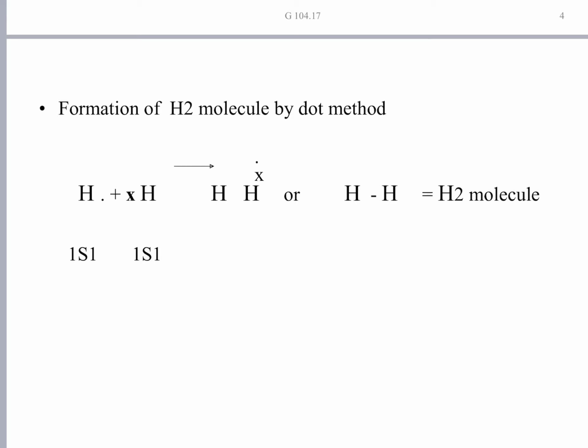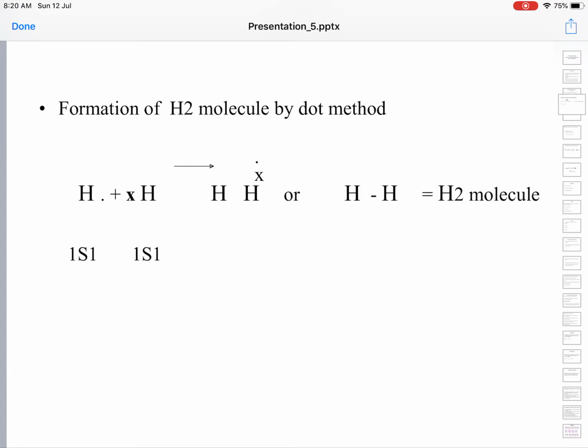It's wrongly printed here, I am sorry about it. It can also be shown as H-H, a hydrogen to hydrogen single bond. So two hydrogen atoms together form the H2 molecule.